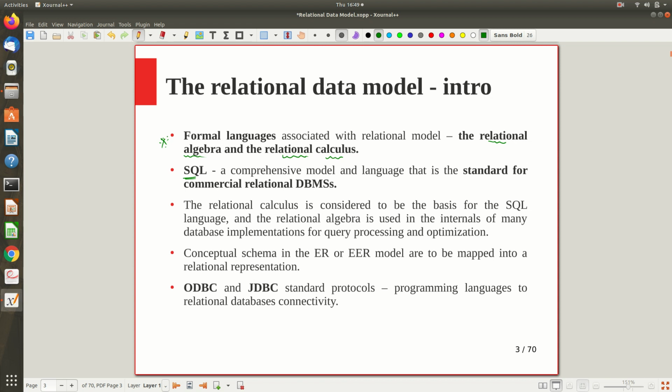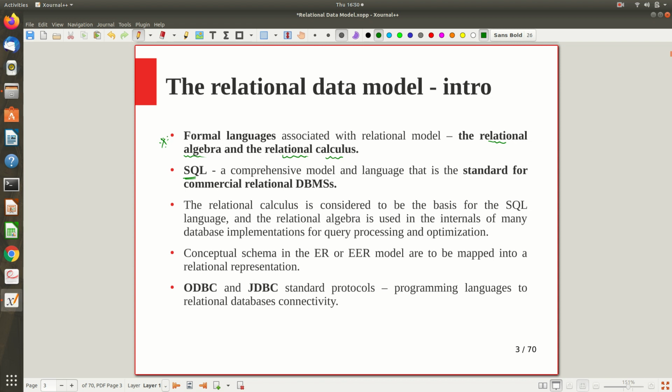The relational calculus is considered to be the basis of the SQL language, and relational algebra is used in it as well. Anyway, relational algebra we will see in detail. The other one, if time permits, we will see; otherwise, you can read from the textbook. So these are the two formal languages by which we can communicate with the relational model.